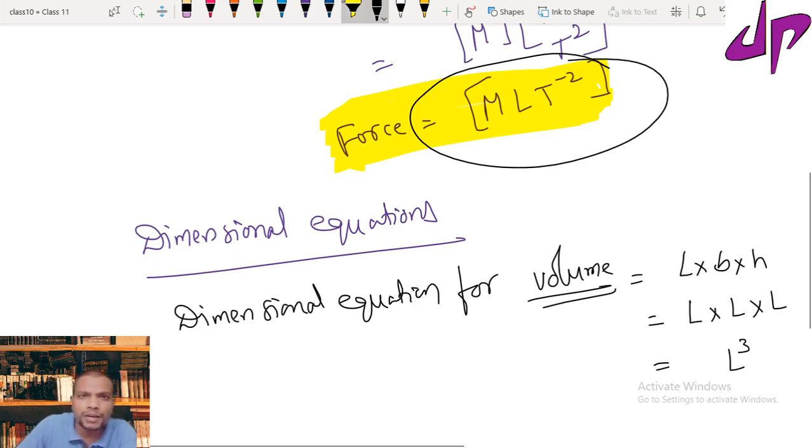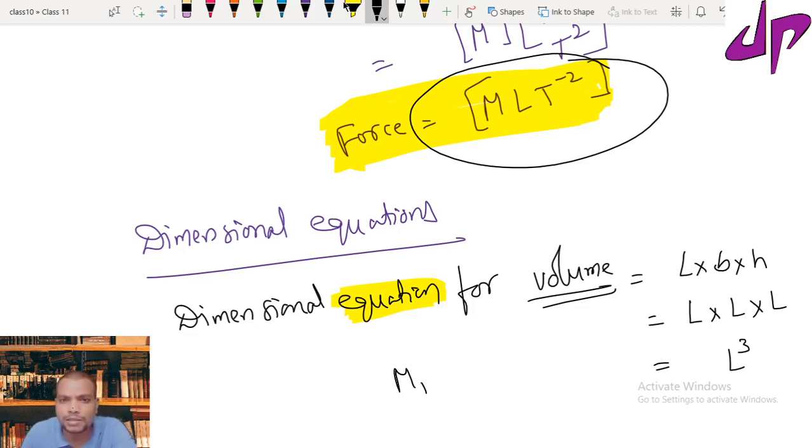But whenever we write a dimensional equation, we must include the remaining two terms, mass and time also. Here mass and time do not come in the volume, but we can write them as M power 0 and T power 0.